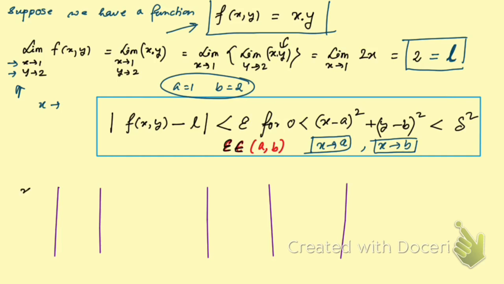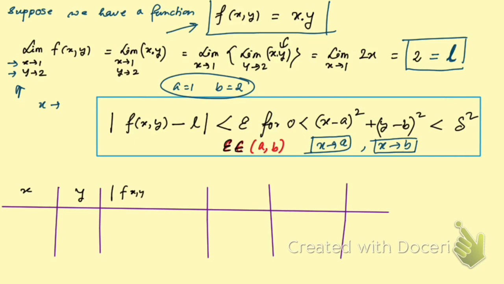So here this is x, this is y suppose, and here we have the mod of f of x comma y minus L. In this example, the function is x into y, minus L, which is 2. So this is going to be the mod of f of x and y minus L, right?